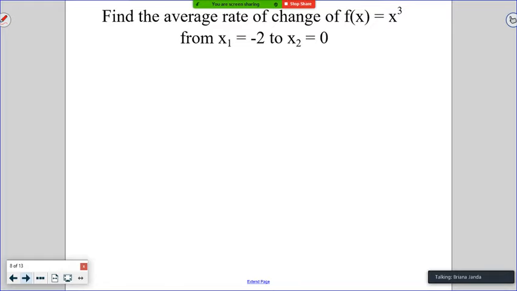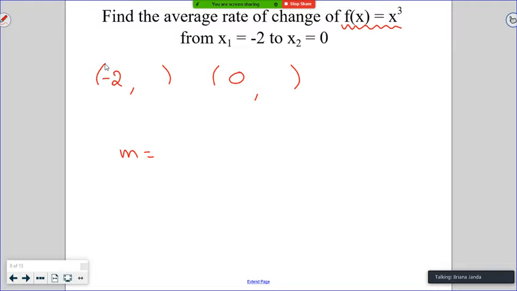Well, they're giving us the x values of an ordered pair. We're used to seeing ordered pairs and then putting them into our slope formula, right? Slope equals, and we do y2 minus y1. Well, all they're telling us is the x values. One of them is negative 2, one of them is 0, and now I have to go plug them into my function to figure out the y value, or the f of that x value answer.